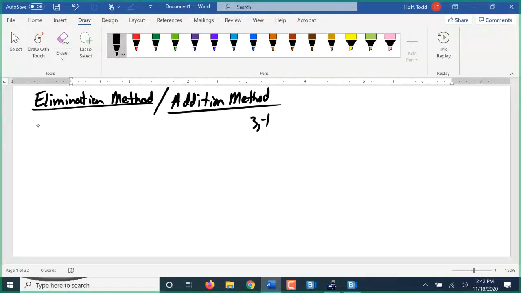at a system like 3x minus 2y equals 11, and x plus 2y, oops, this should be 11, equals 1.